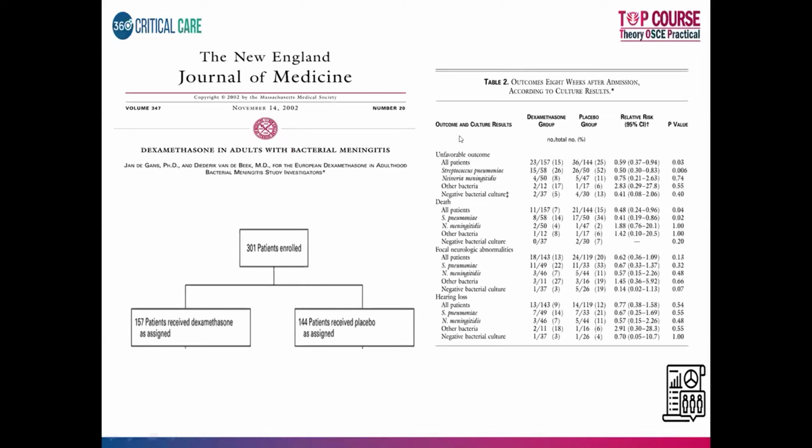You need to calculate the ARR for each of these, for unfavorable outcome and also for death. Has anyone answered in the group chat box?